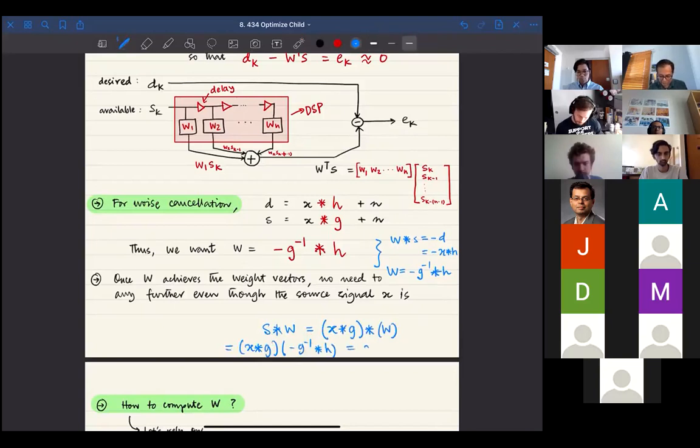So that is minus X convolved with H. And what is that? Minus D. We've achieved what we wanted, right? So essentially W is trying to estimate this.